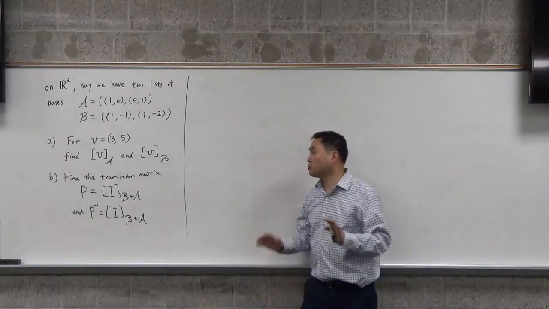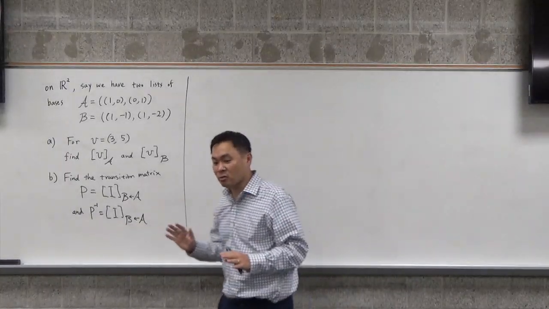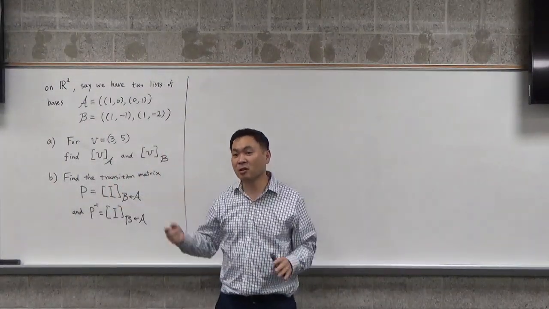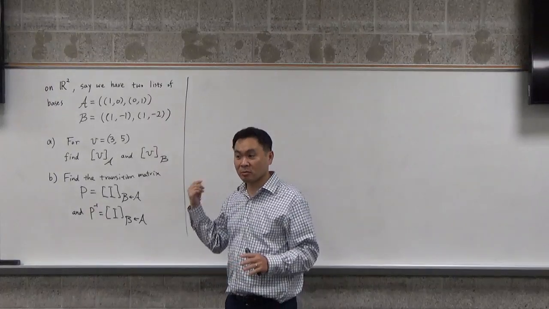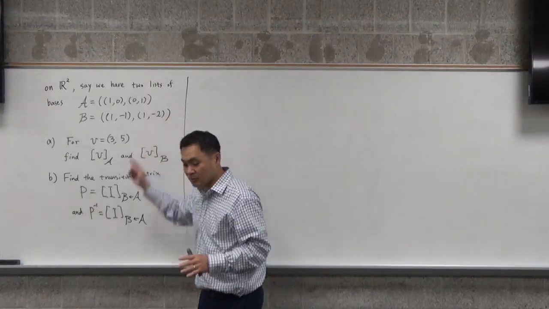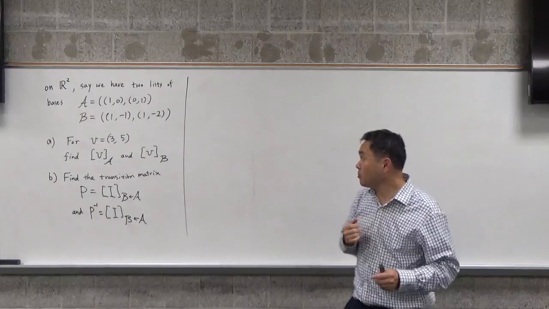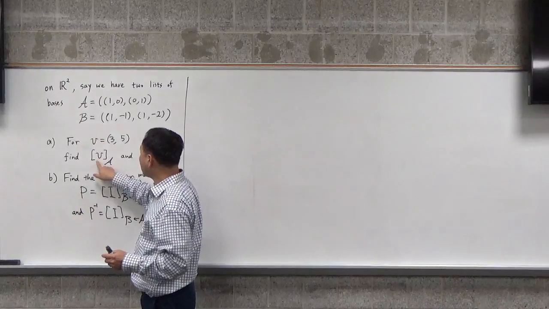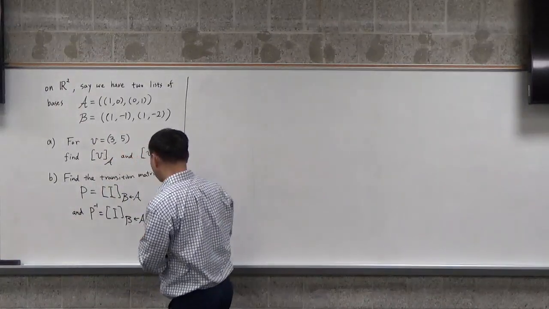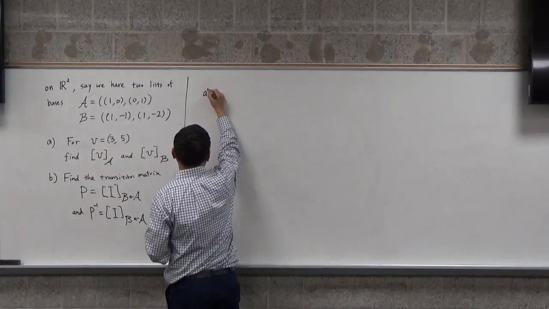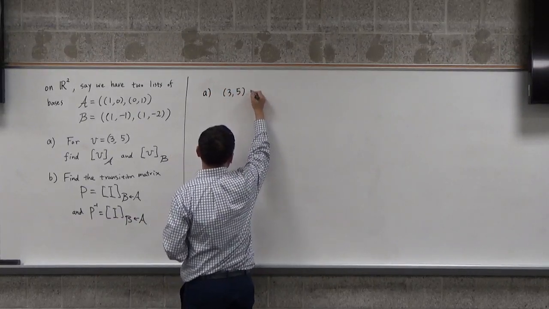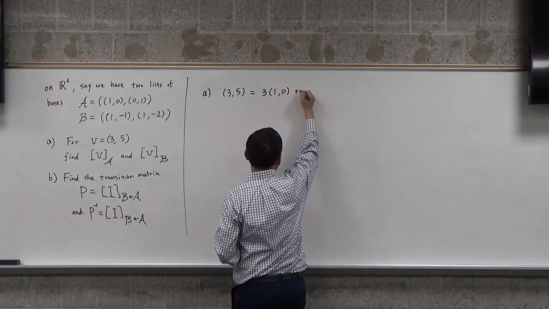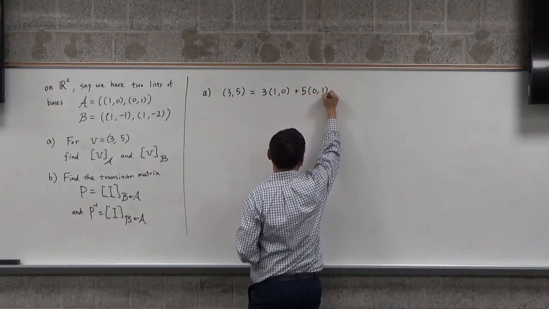The idea of a basis of a given vector space is that you can represent any vector in that vector space by linear combinations of the basis elements, right? So let's talk about what this symbol means. You have a vector (3, 5). And this can be written as 3 times (1, 0) plus 5 times (0, 1).